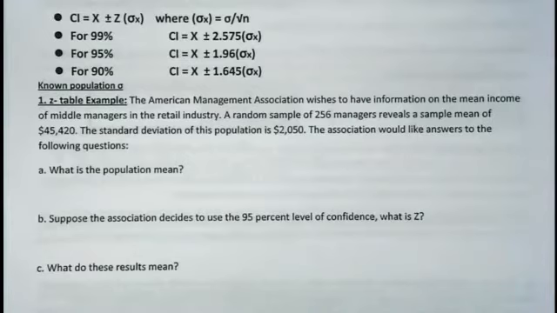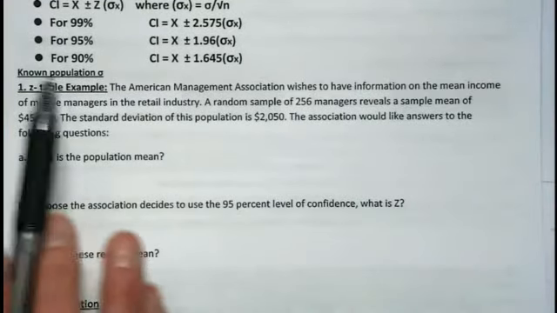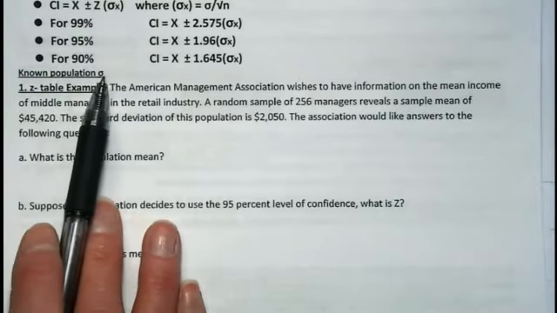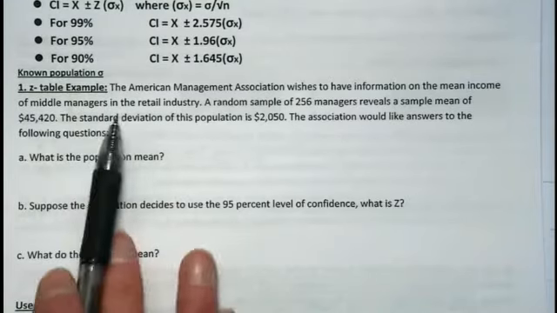Perhaps if we just go to a problem, that will be the best way for you to understand. So the first problem I have here, and you'll notice on the handout I say we know the population standard deviation. Immediately you should say, oh, that's going to be a Z confidence interval. So let's look at this.